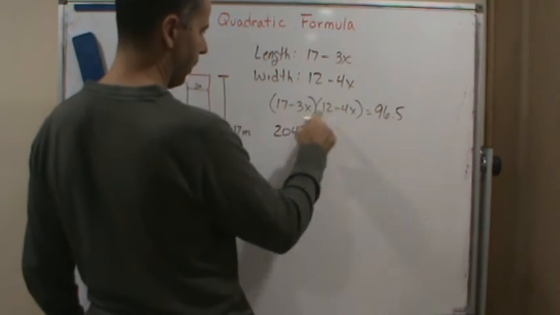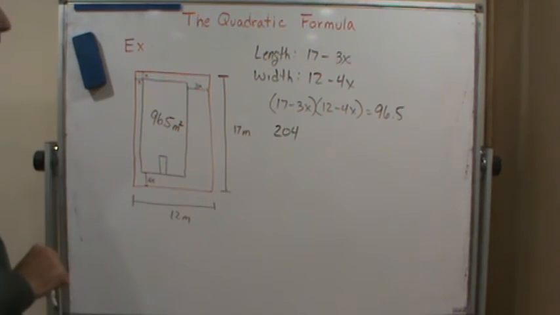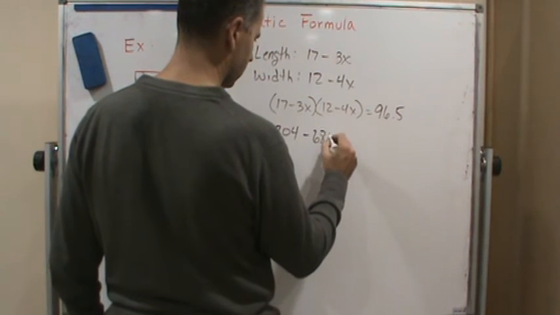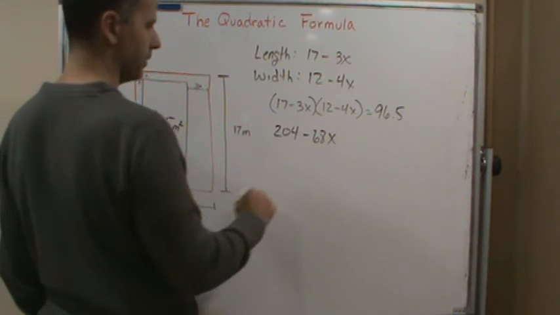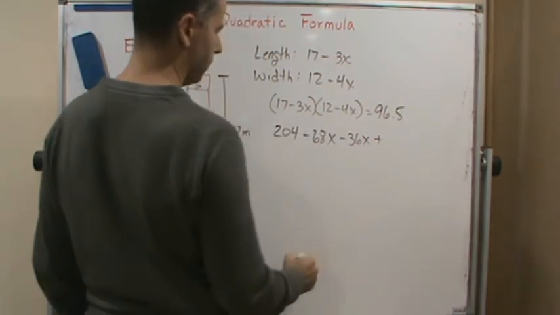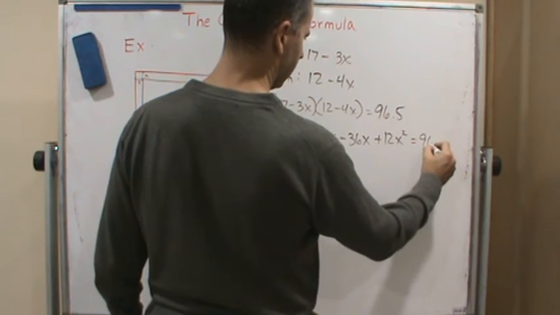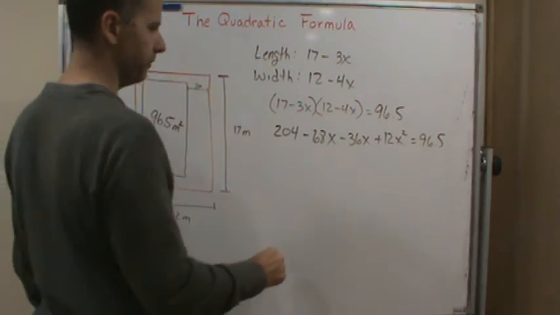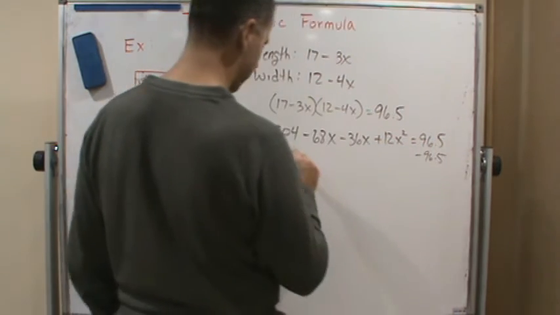Now I do 12 times 4x, 68x, and then negative 3 times 12 is minus 36x plus 12x squared equals 96.5. Okay, so let's simplify this. I'm going to subtract 96.5 from both sides.